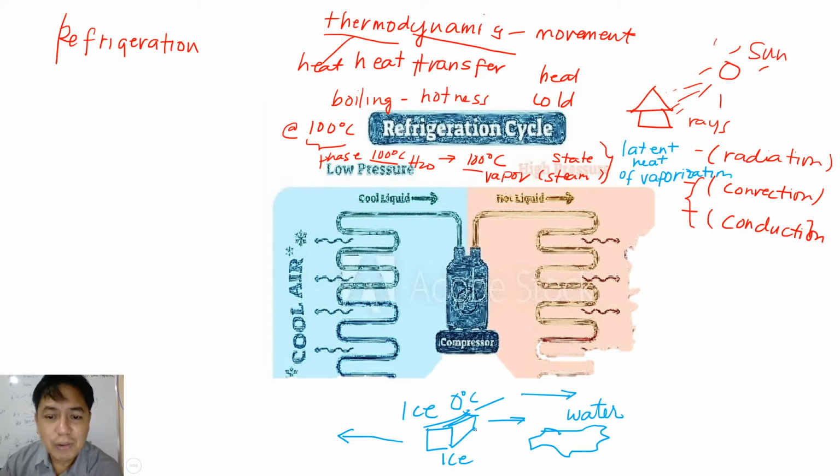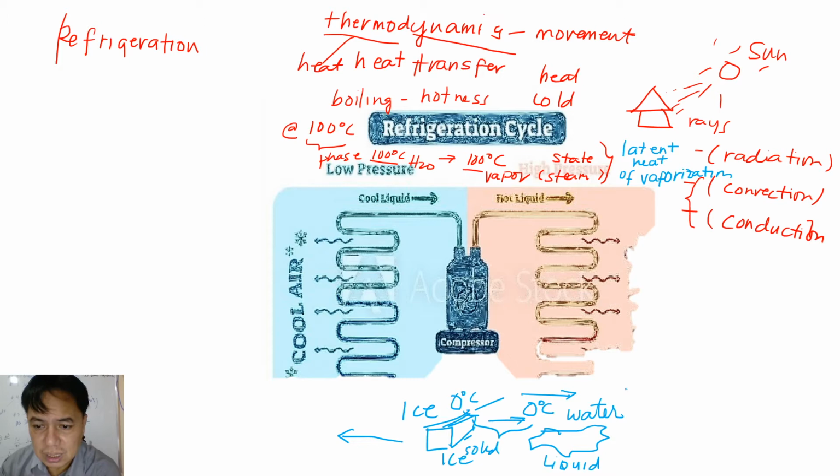But before the temperature goes up, it goes through a transition wherein they have the same temperature, 0 degrees centigrade and 0 degrees centigrade also. But this one is ice, which is solid, and this one is water, which is liquid. You see, there is no change in temperature, but there is a change in form or state.